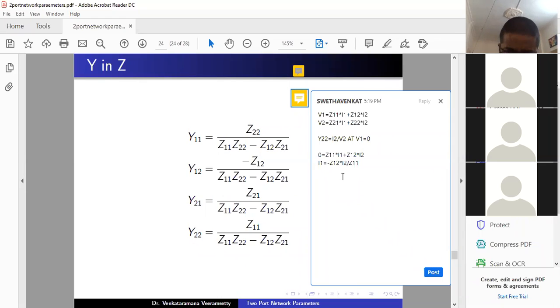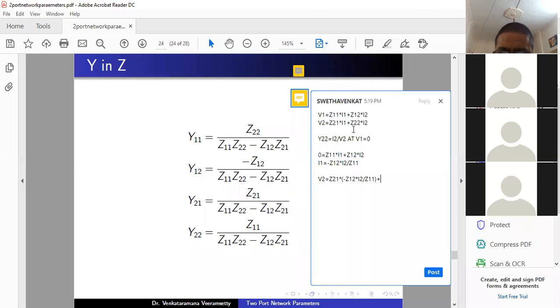Okay. Now replace this value in the second equation here. Now what happened? V2 equal to Z21 multiplied by I1. So I1 value is equal to this thing, right?